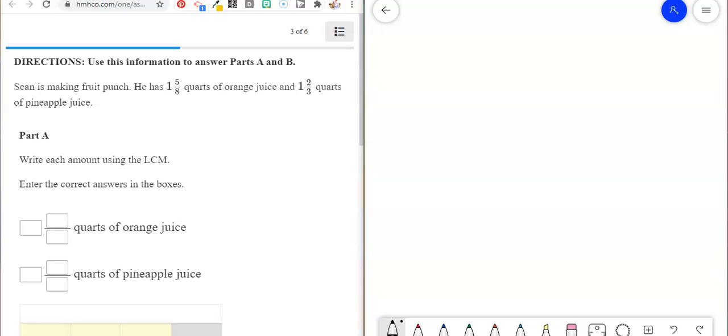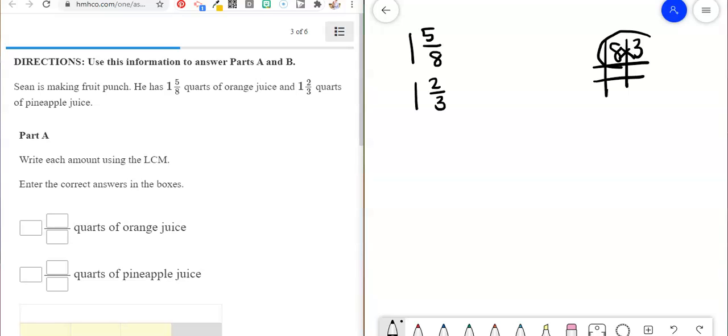Sean is making fruit punch. He has 1 5/8 quarts of orange juice, and 1 2/3 quarts of pineapple juice. First, we're going to write them as LCM. So I have 1 5/8 and 1 2/3. If you can't see what we're supposed to do, let's change it.